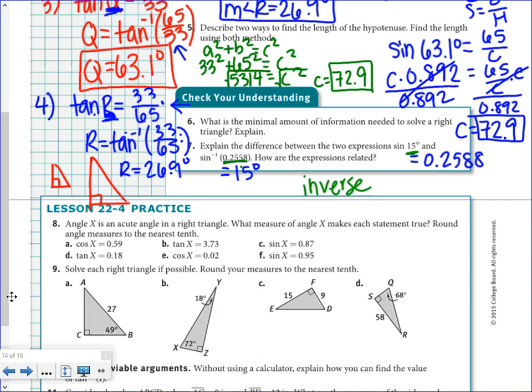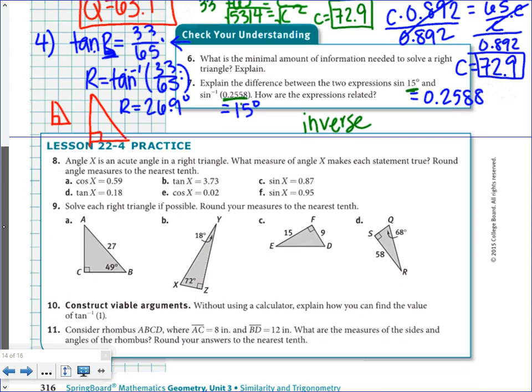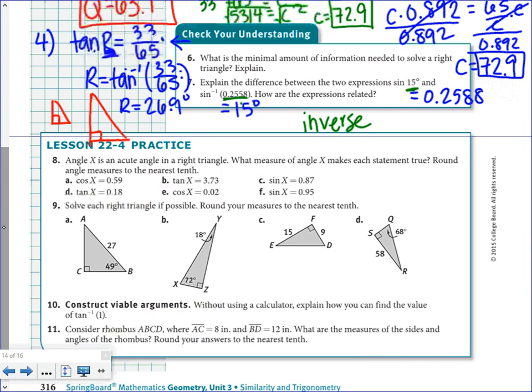So that's how those are related. So let's look now at number 8. Angle X is an acute angle in a right triangle. What measure of X makes each statement true? Round each angle measure to the nearest tenth. So what you're basically doing here is using your calculator. For part A, if it says cosine of X equals 0.59, you're going to do cosine inverse of 0.59.